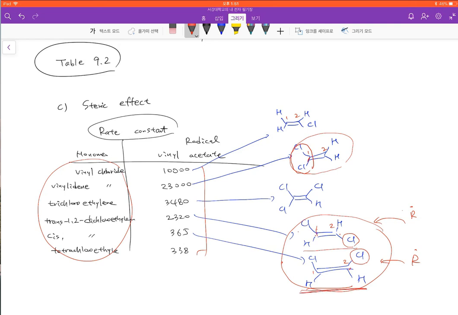And if you compare trans and cis, trans is a little more stabilized compared to cis, as you all know, and also this cis isomer is not completely coplanar in the transition state. That results in relatively bad, actually really bad, resonance stabilization of the radical. So the reactivity is very small compared to trans. Okay, so all these effects are based on steric effect, right? The chemical structure.